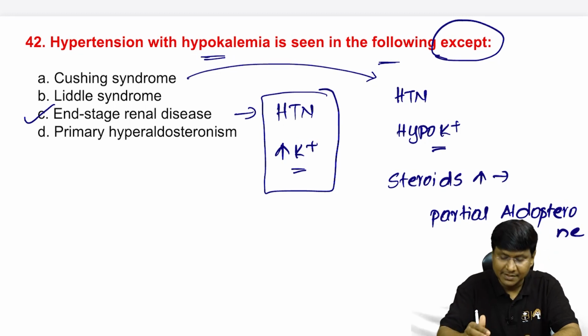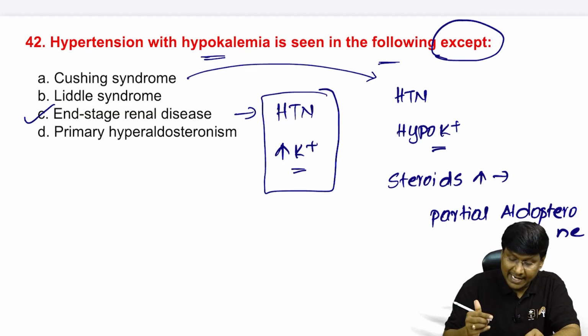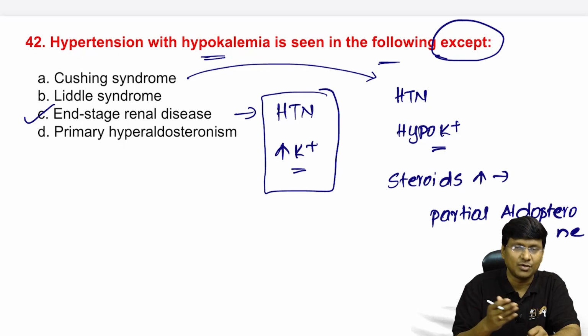And what will this aldosterone do? It will cause potassium excretion resulting in hypokalemia.